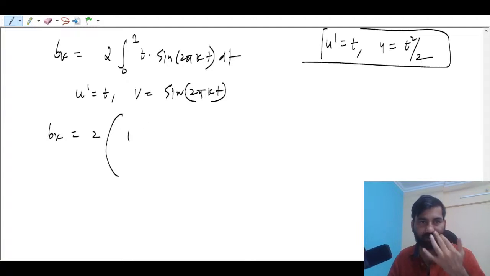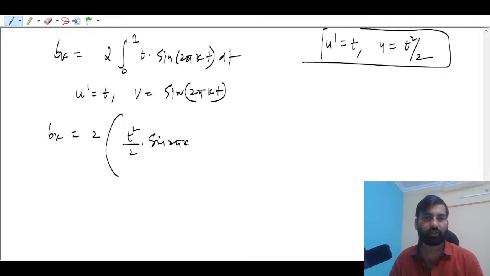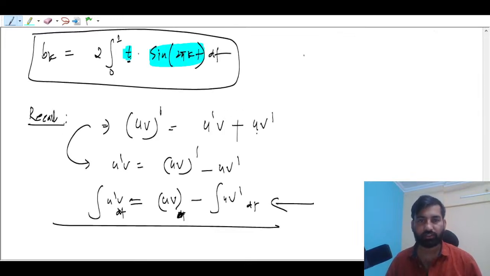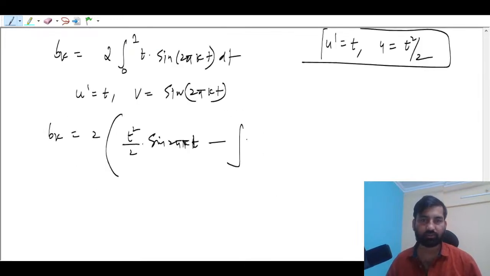So t square by 2 times sine 2 pi kt. And then minus the integration. What is that, u is nothing but this.